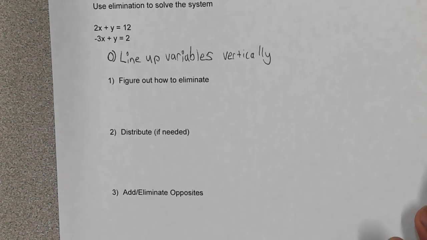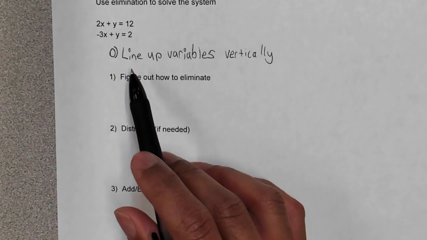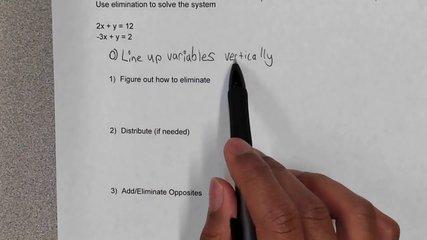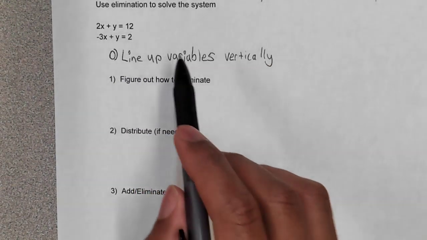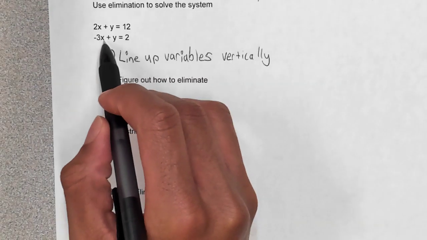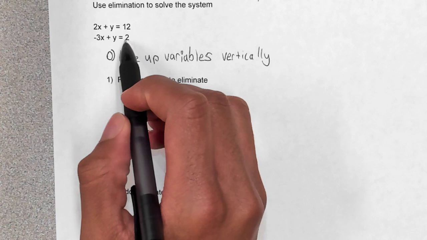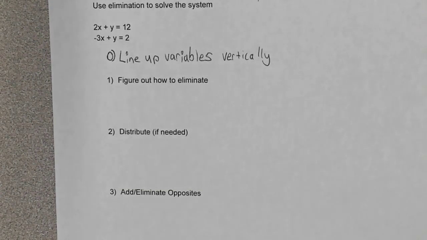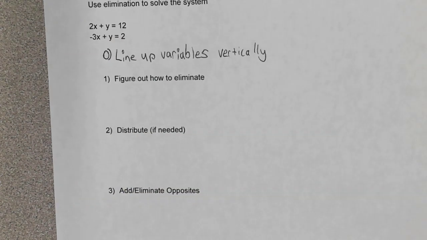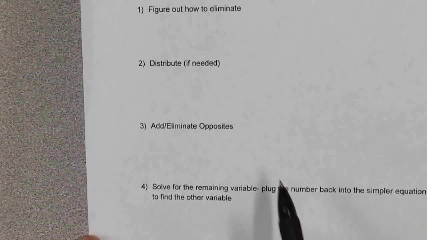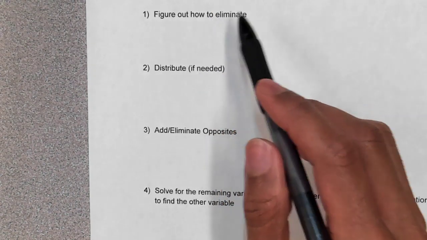And here I listed out steps. Step number 0, line up variables vertically. So you want your x's over x, y over y, constants lined up vertically. It's already done in these 2 equations. Step number 1, figure out how to eliminate the variables.